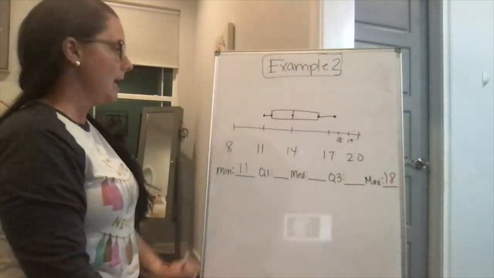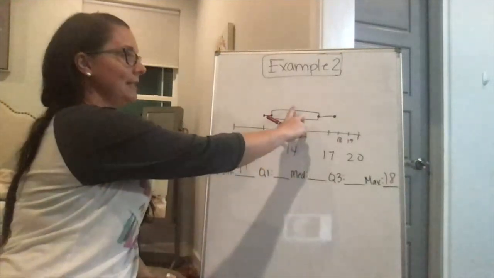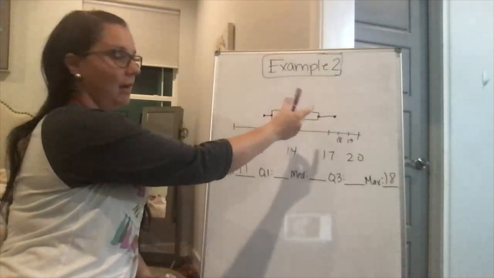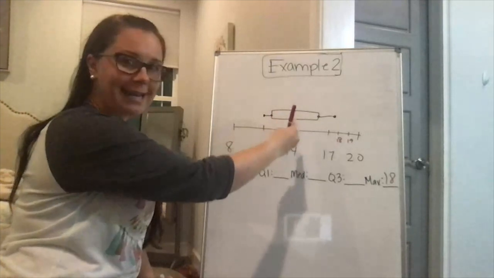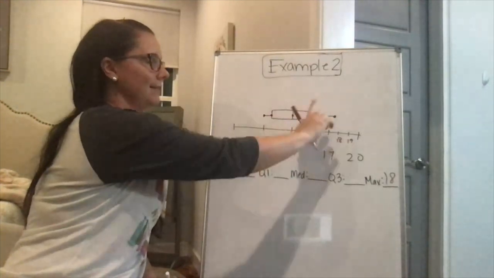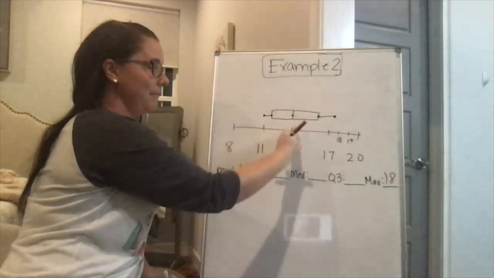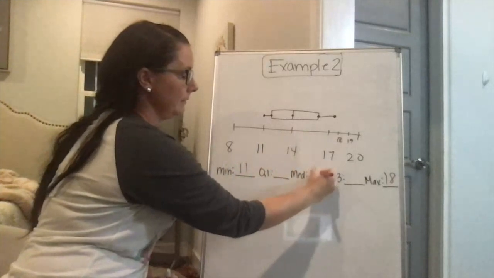Now the next easiest one to identify is your median, and that's always going to be the line in your box. The median isn't always going to fall right in the middle of that rectangular box. It could be skewed over to the right or over to the left. But in this case, my median is right over that 14.